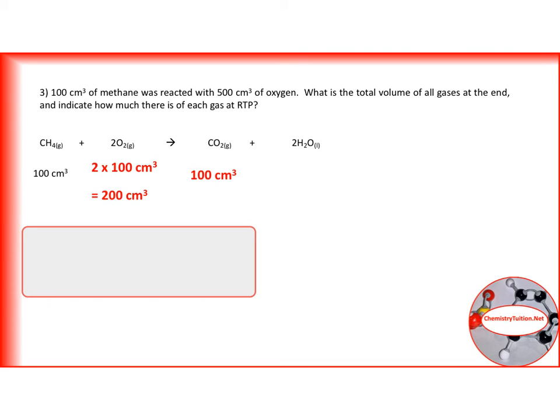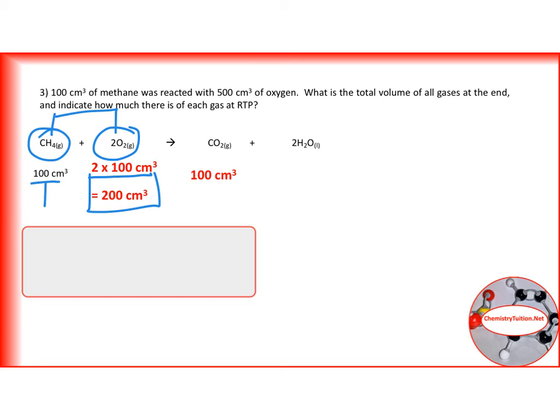We know from our previous examples that I will need double the volume of oxygen to methane because it's a 1 to 2 ratio. So I will require 200 centimeters cubed of oxygen to combust with 100 centimeters cubed of methane.